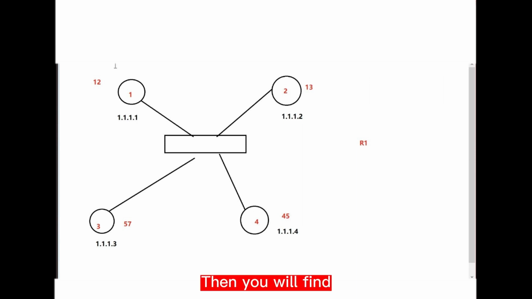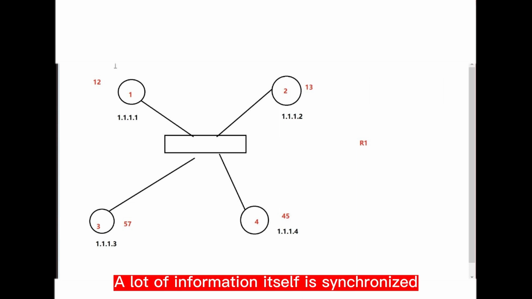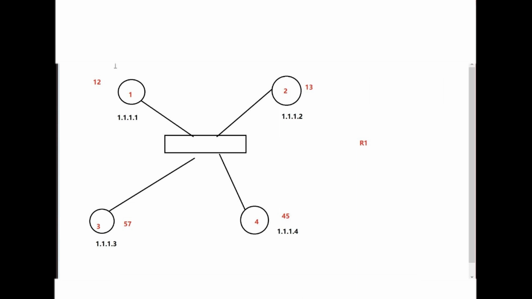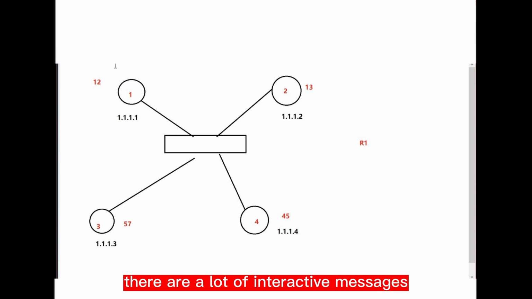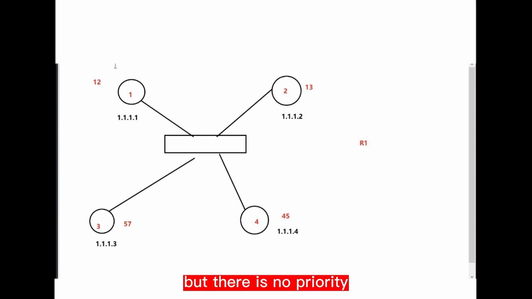Then you will find, when they establish an adjacency, a lot of information itself is synchronized. There are a lot of interactive messages. But there is no priority. And less valuable.